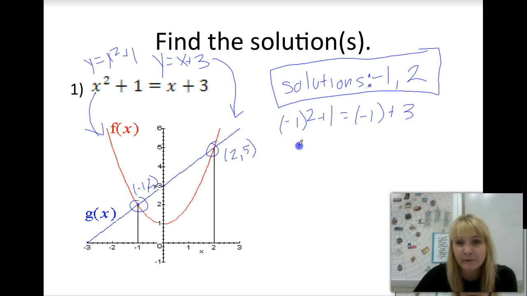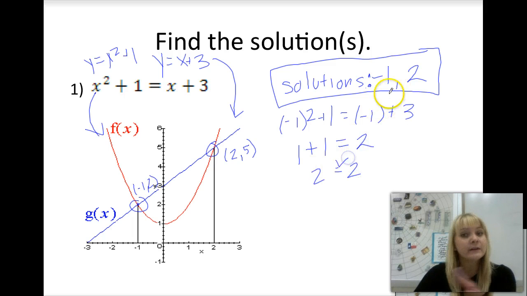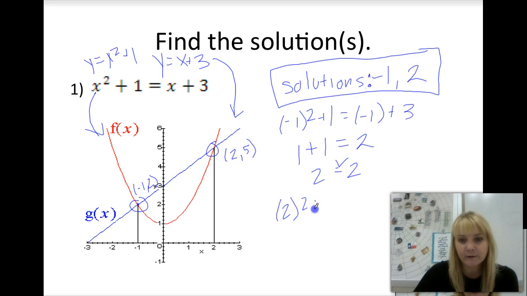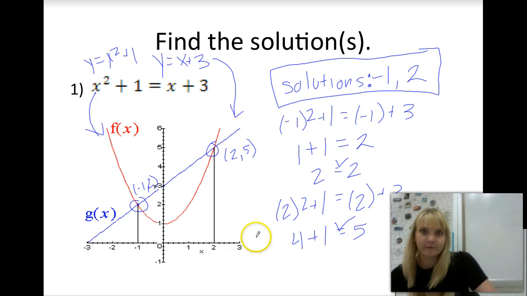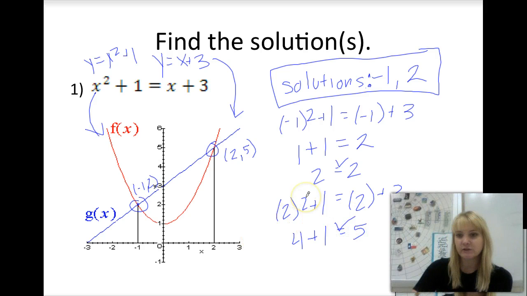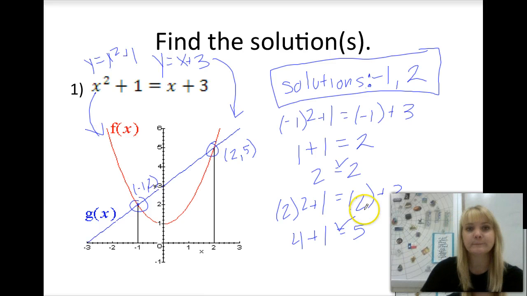Negative 1 times negative 1 is positive 1, plus 1. Negative 1 plus 3 is 2. 2 equals 2, so negative 1 is a solution. Let's check 2. We have 2 squared plus 1 equals 2 plus 3. So we get 4 plus 1 equals 5, which is true. That's how you can check your solutions algebraically.